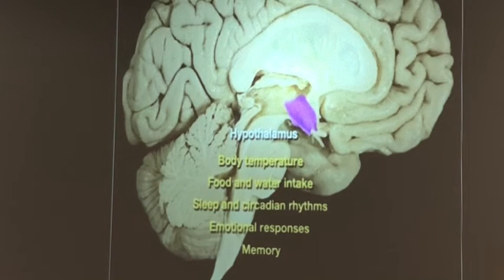Now that's a pretty good look, but I also want you to add a couple. Make sure you put control of movements and glandular secretions of the stomach and the intestine. So that's control of movements and glandular secretions of the stomach and the intestines.